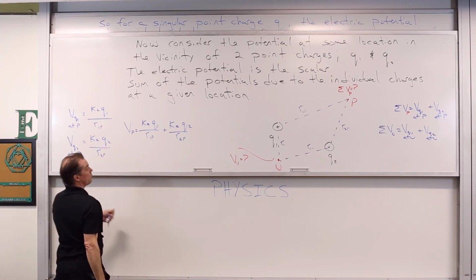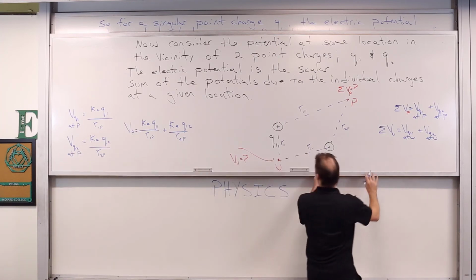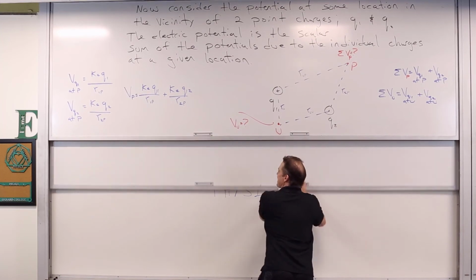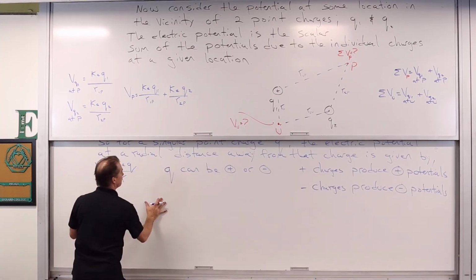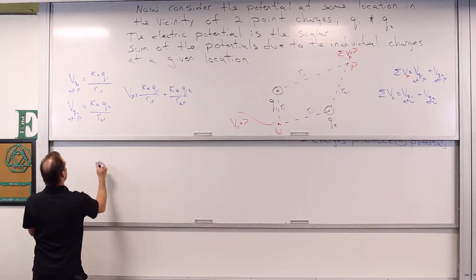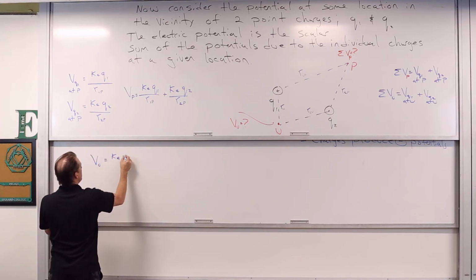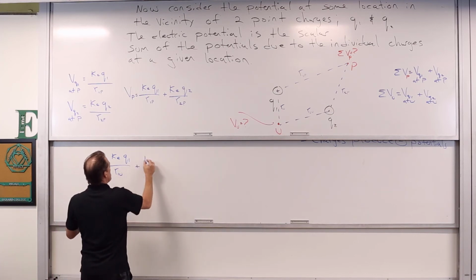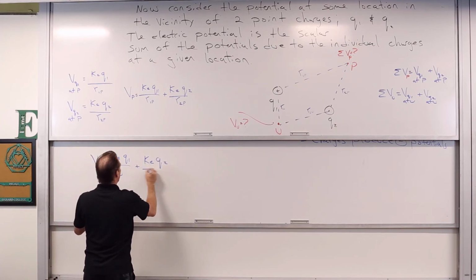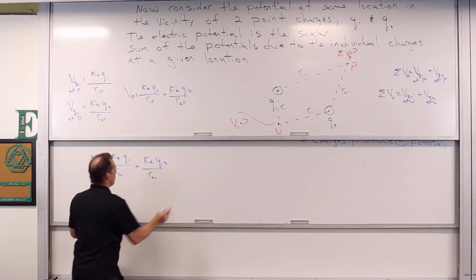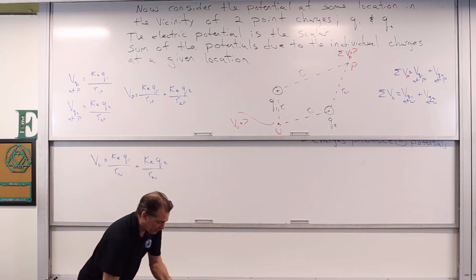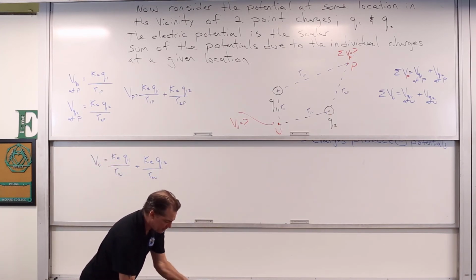Then V sub U is equal to k_e Q1 over R1U plus k_e Q2 over R2U. So we've got the potential at two different locations in space.